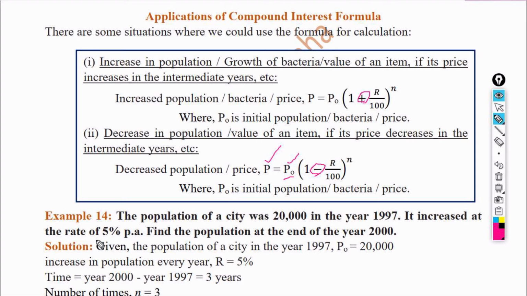That means the time is not given directly, so the number of times is unknown. Here you have to calculate it from these two given years: subtract 1997 from 2000. The difference of the years is equal to 3 years.